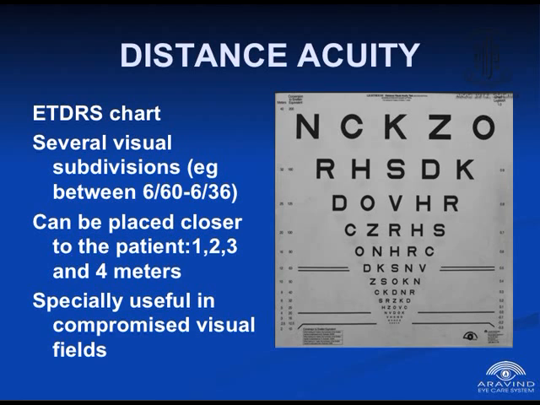The advantages are you can move the chart closer to the patient, 1 meter, 2 meter, 3 meter, 4 meter, and there are several subdivisions between, like for example, between 6/60 and 6/36 there are subdivisions. It's especially useful in compromised visual fields, where finger counting at 1 meter, 2 meter is not very accurate, and you also can't do it in severely compromised visual fields.